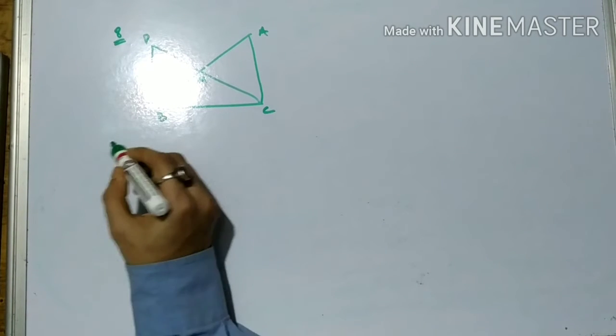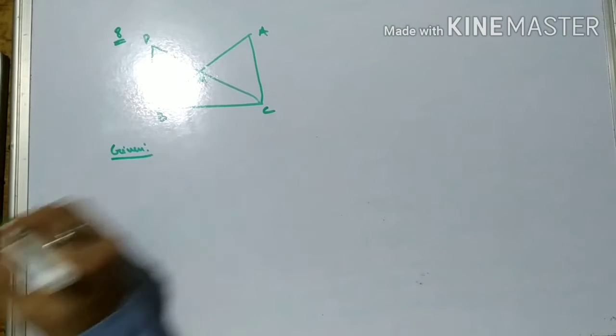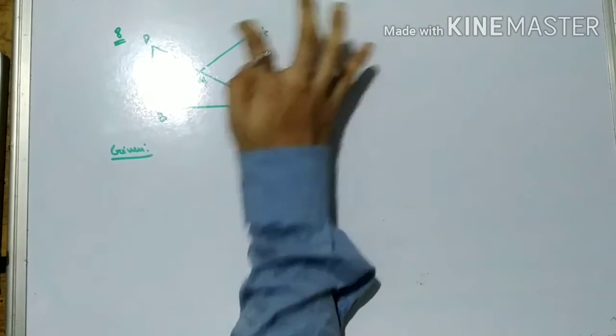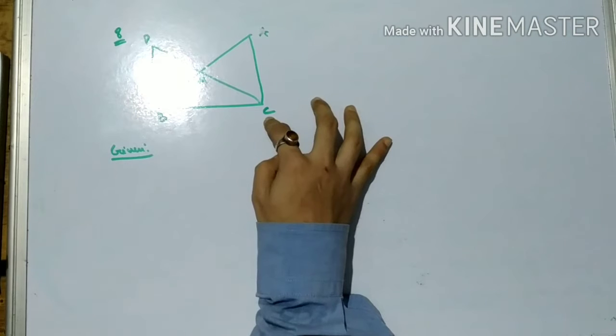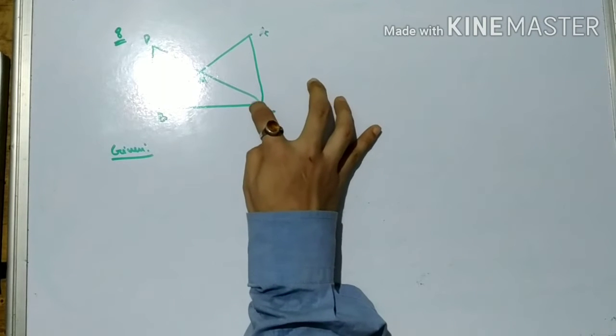Now you see, it is given in right triangle ABC, right angled at C, that means this angle will be 90 degrees.